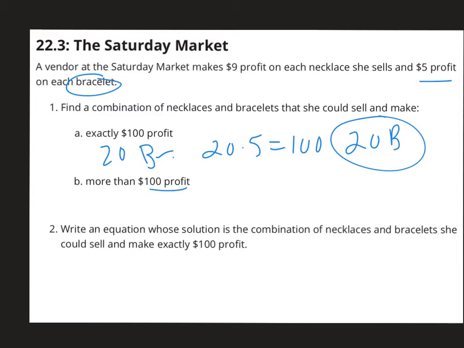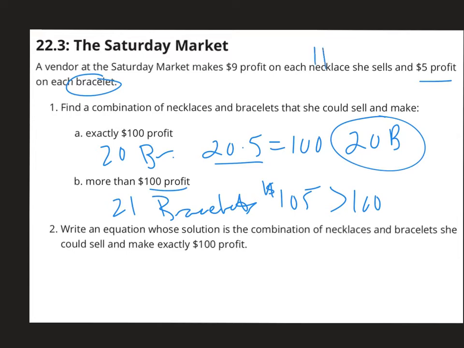So let's talk about just one of them. If we know that 20 bracelets gets us $100, then how about 21 bracelets? There you go. 21 bracelets would give us $105, which is more than $100. Or back to our original combination, sell 11 necklaces and 3 bracelets. That's going to be more than $100.